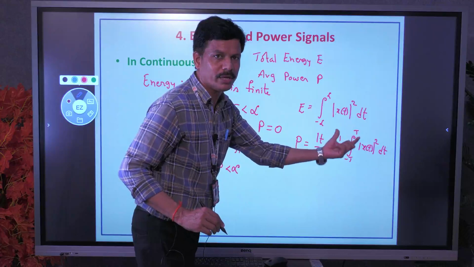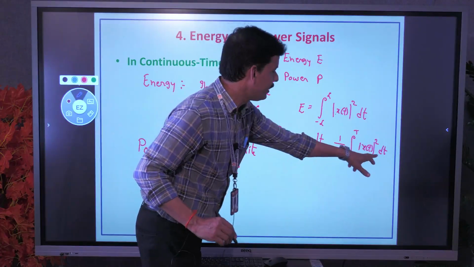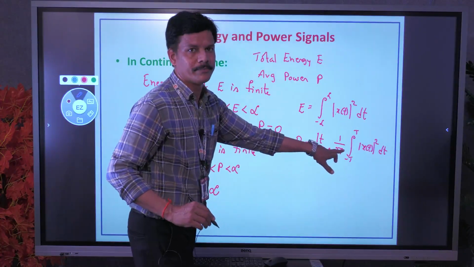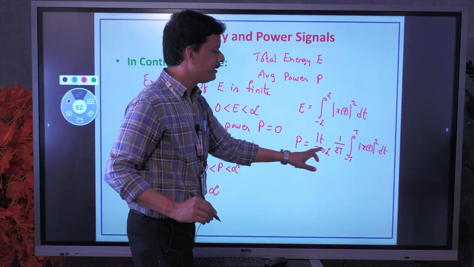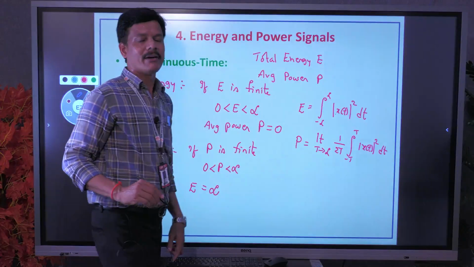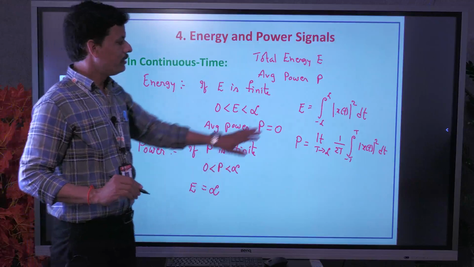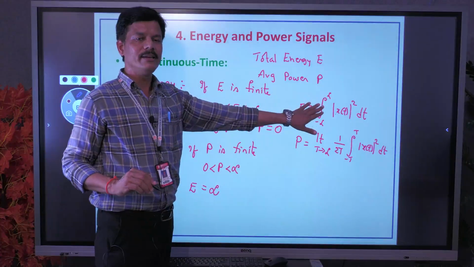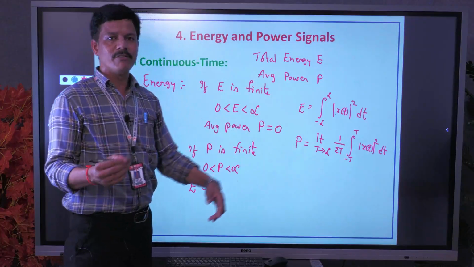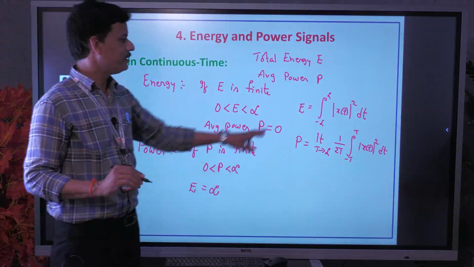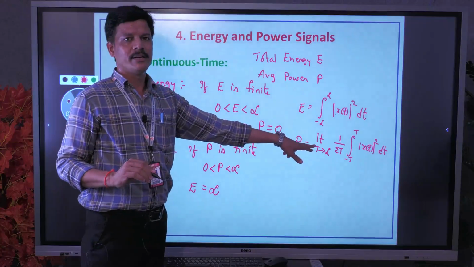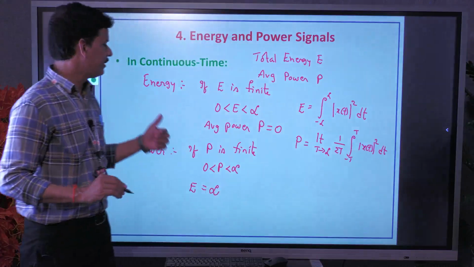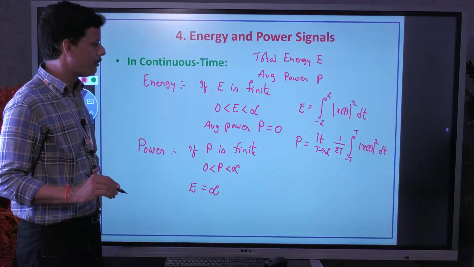In a duration of 2T, we calculate the energy divided by the duration 2T. Later, if we make T tend to infinity, we get the average power. These are the two parameters in continuous time. For every given signal, we need to check these two formulas to determine whether it is an energy signal or a power signal.